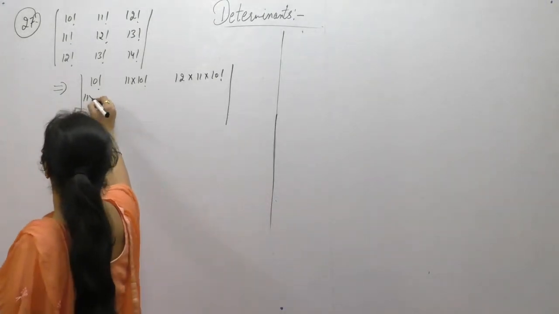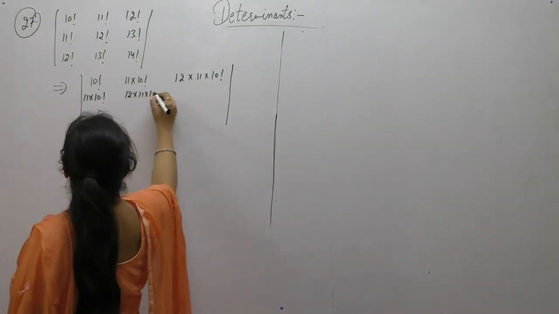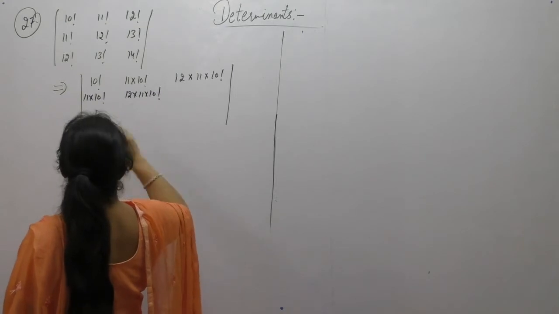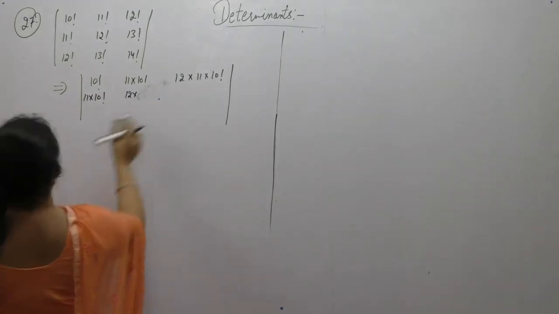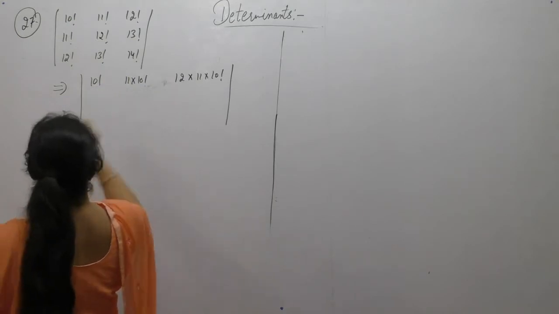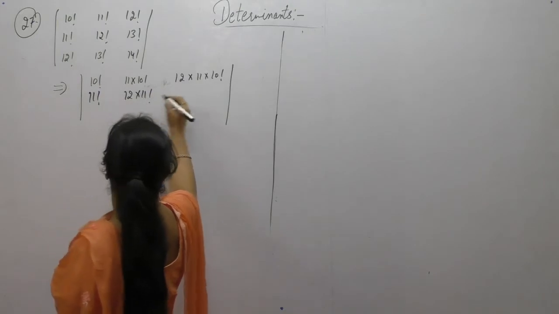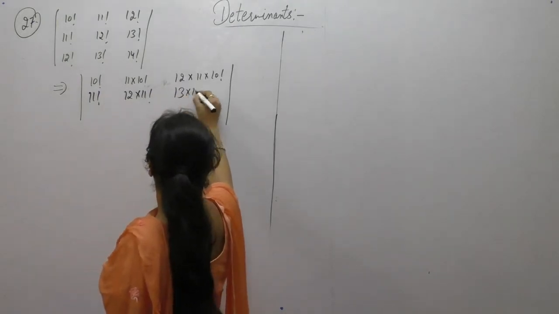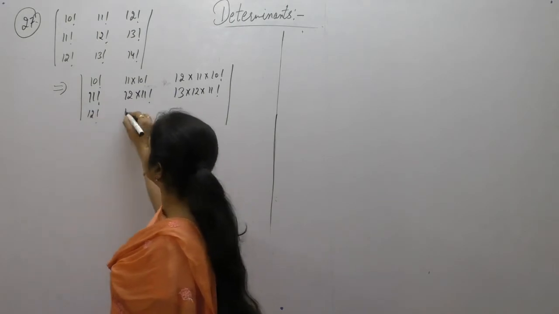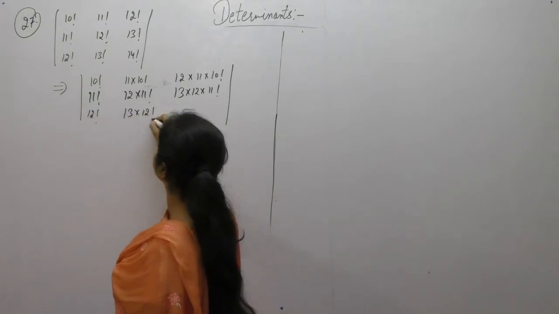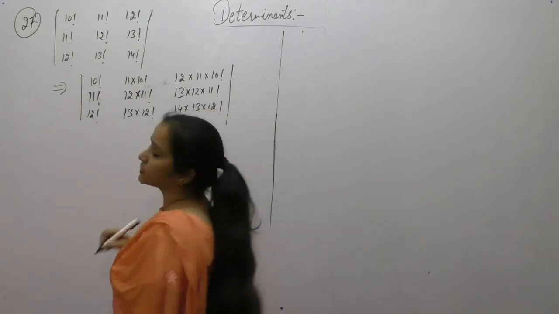Similarly for the next row, 11 factorial, 12 into 11 factorial, 13 into 12 into 11 factorial. For the third row, 12 factorial, 13 into 12 factorial, 14 into 13 into 12 factorial.